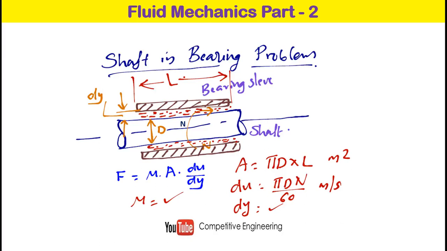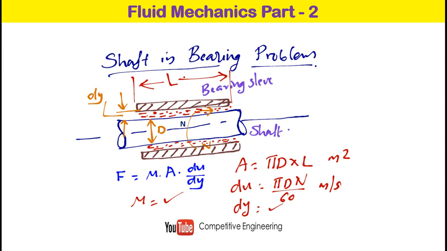Then du is the velocity difference. We can find du as pi d n by 60, where pi is 3.14, d is the diameter of the shaft, n is the rpm, revolutions per minute, divided by 60 to convert into rps. If the revolutions is given in rps, revolutions per second, no need to divide by 60, so you will get meter per second.